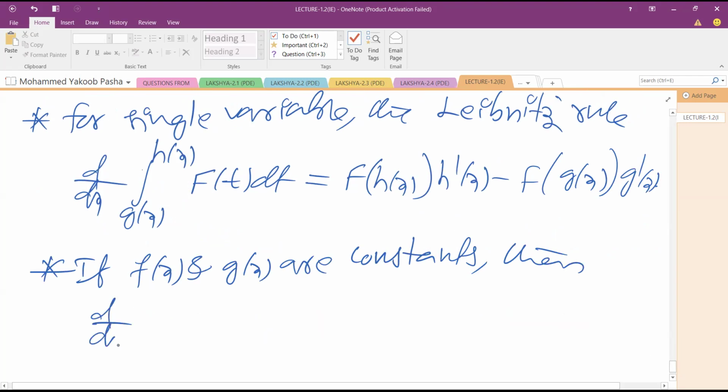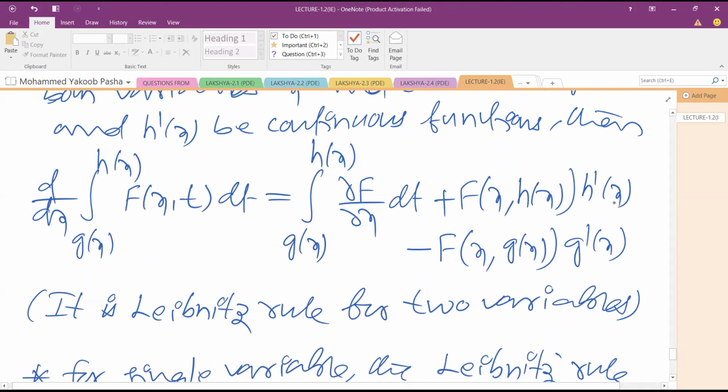d/dx of the integral from g of x to h of x of F of x comma t dt. Now I am talking about two variables, not a single variable. You can see both limits are constants, which means h dash of x is 0 and g dash of x is 0.